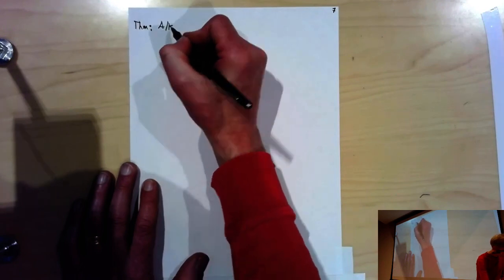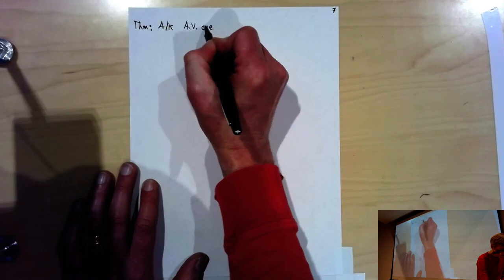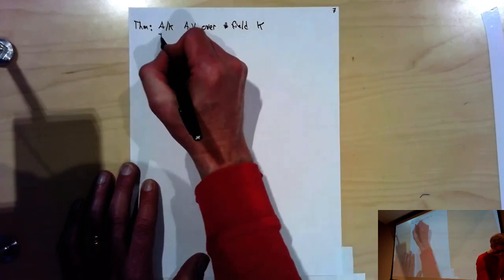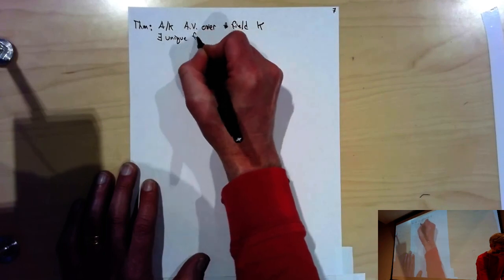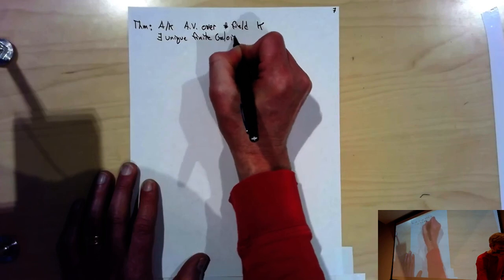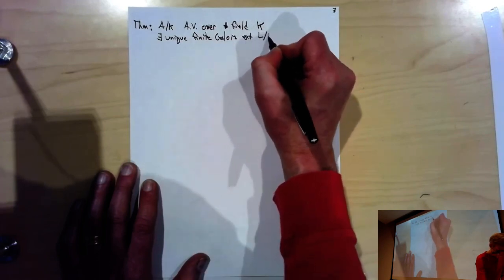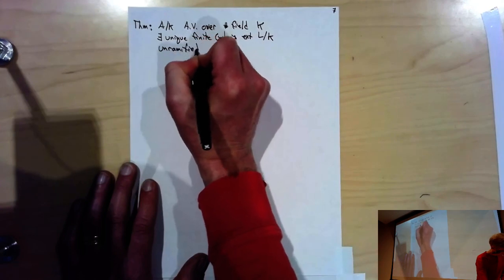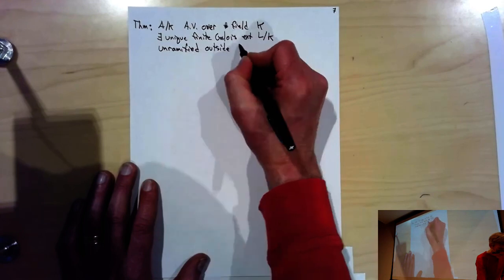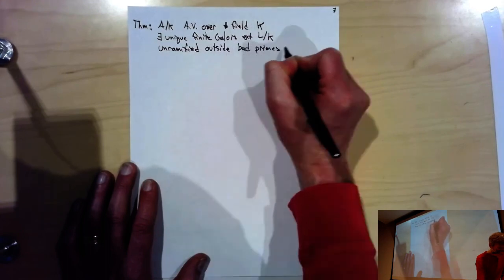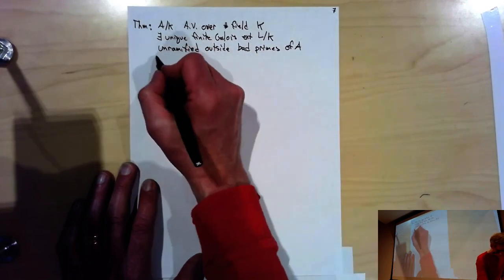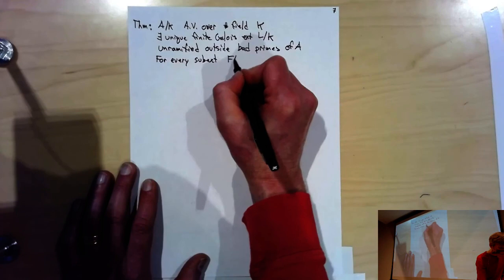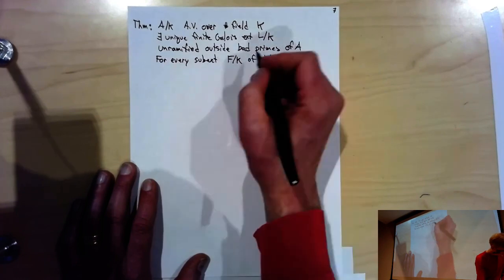Okay, so we have an abelian variety A over a number field F. There is a unique finite Galois extension L of F, unique up to fixing some algebraic closure in which everything is sitting, which is unramified outside the bad primes of A, and has the property that for every subextension, including the trivial one, we have isomorphisms.